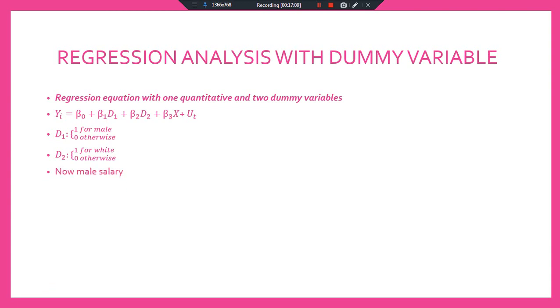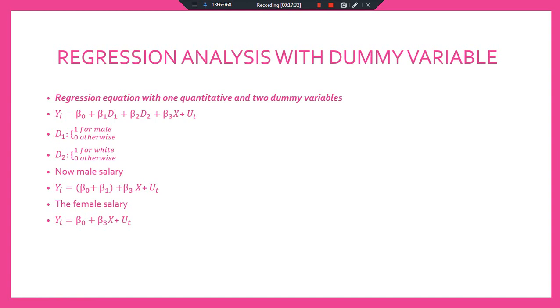Now the male salary becomes, because here we are not giving the second dummy variable, we are only starting from the first dummy variable, that is 1 for male, and we get the male salary regression equation like that. And the female salary regression equation is like that: yi is equal to beta naught plus beta 3 x plus ut.